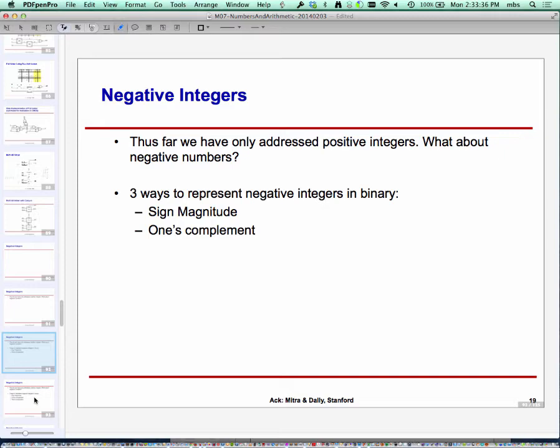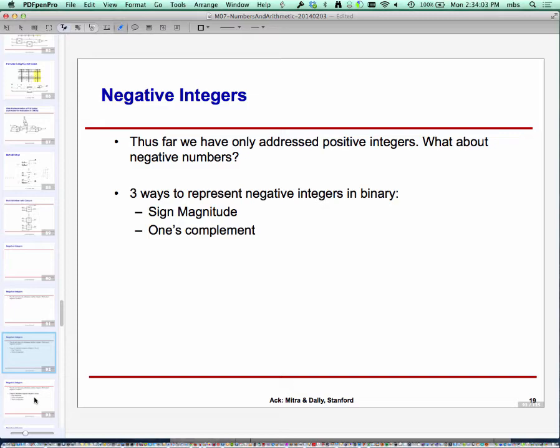We write it as 1010, right? If I want to represent -10, I will have an explicitly separate bit to represent the sign. So I'm going to take 5 bits. 1010 represents the magnitude, and the 5th bit is going to represent the sign, and we can say 0 means positive, 1 means negative.